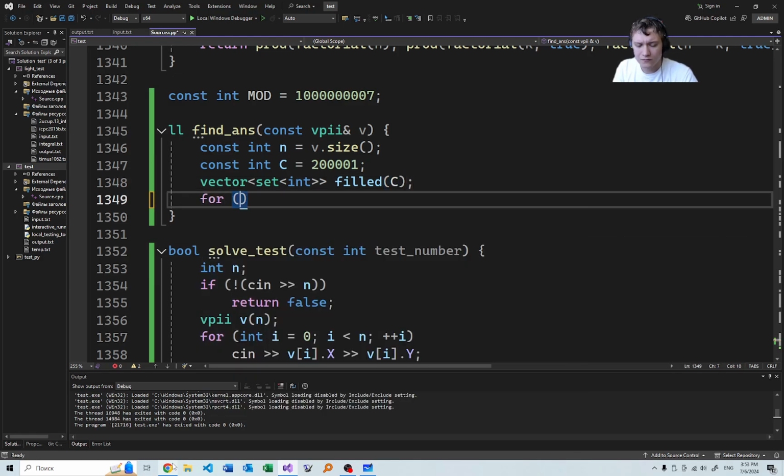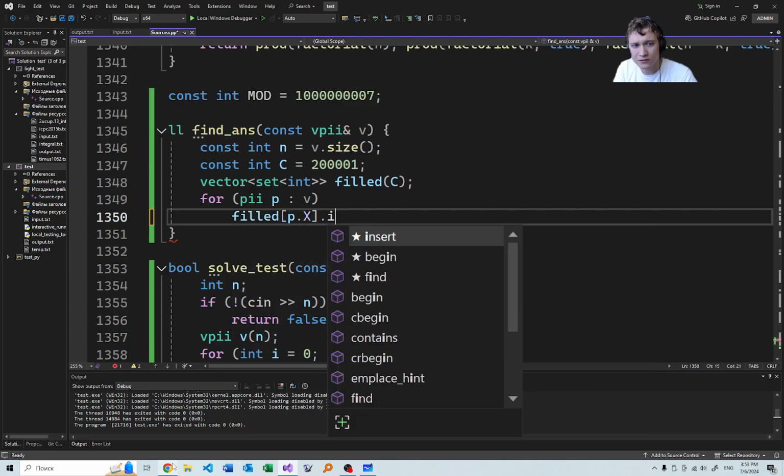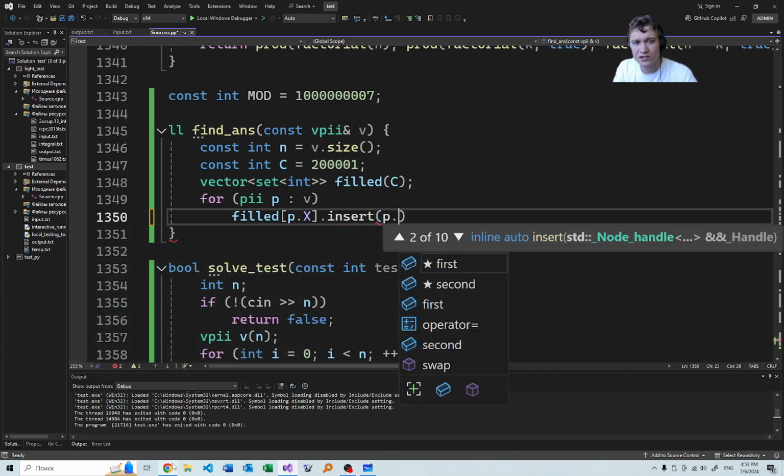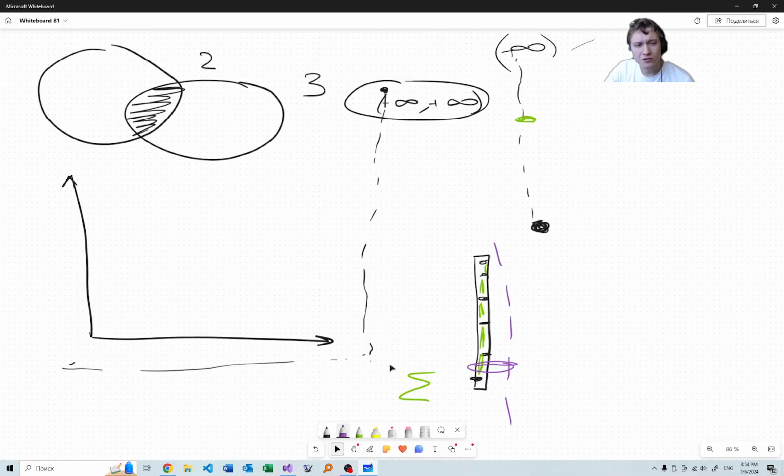And then I go through v, and I say that field p.x insert p.y. Okay, now for each stone except the maximum one.